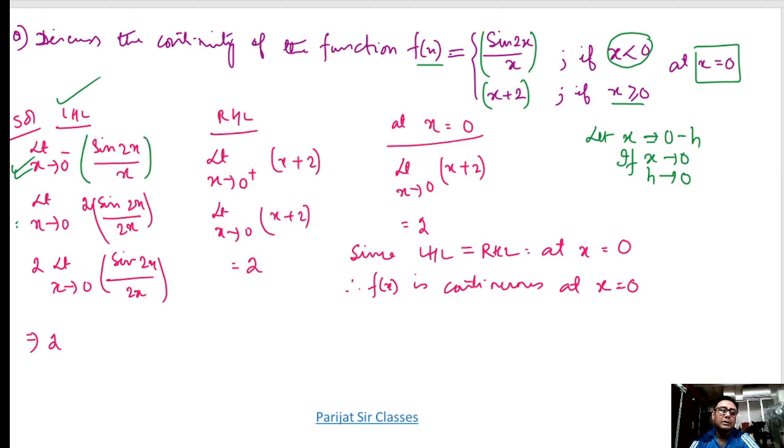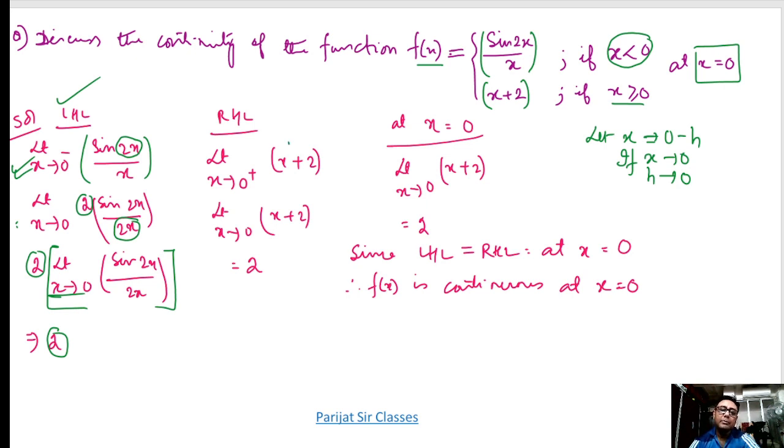First of all, the angle with sine is 2x, so here it should be 2x. So I have to adjust with 2. This 2 goes out. So limit x tends to 0, sin 2x by x. We already know the formula, limit x tends to 0, sin x by x is 1. So this is 1, and the answer is 2.